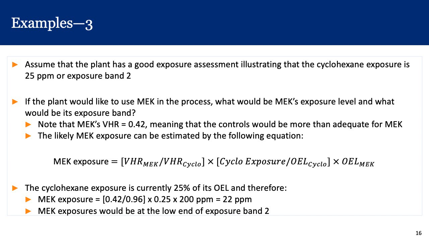So the cyclohexane exposure is currently at 25% of its occupational exposure limit. And so the MEK exposure using the above equation can be estimated at roughly 22 parts per million. And so the MEK exposures would be at the low end of exposure band 2 or exposure control category 2.